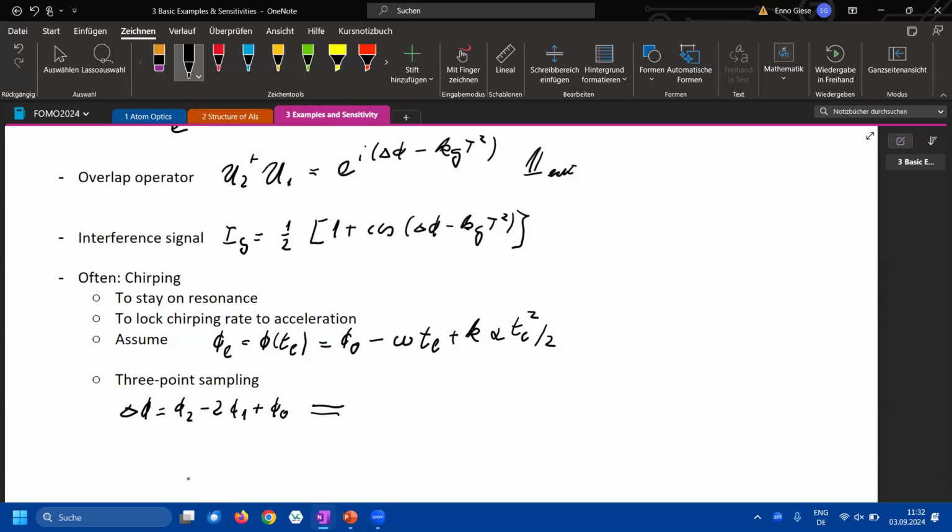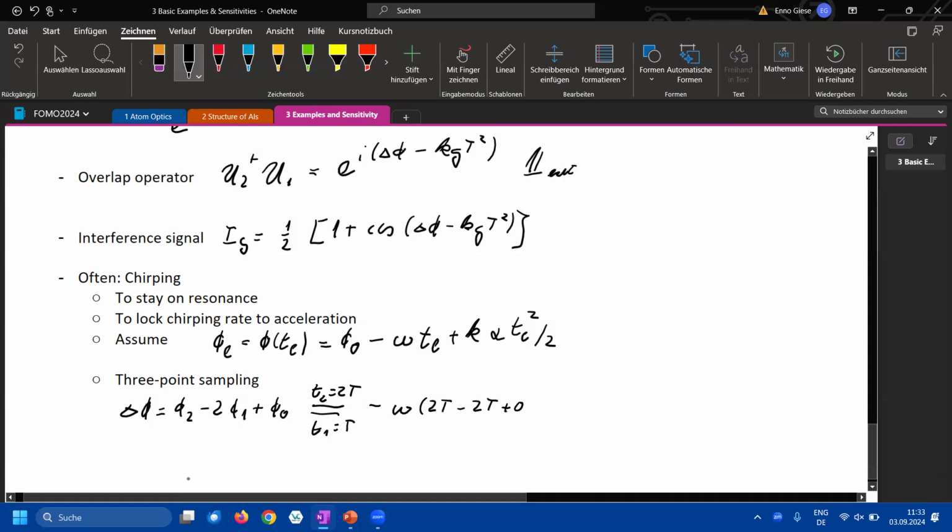And we choose now, and that's of course crucial, T2 equal to 2 times T, T1 equal to T. What we observe now is minus omega times 2T minus 2 times T plus 0, so this drops out.